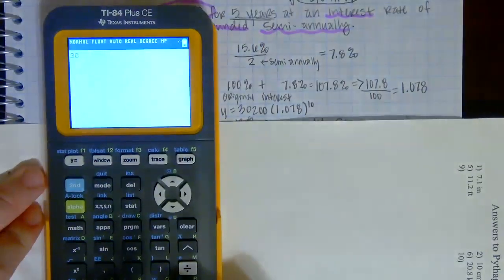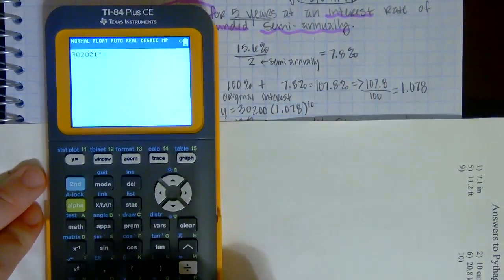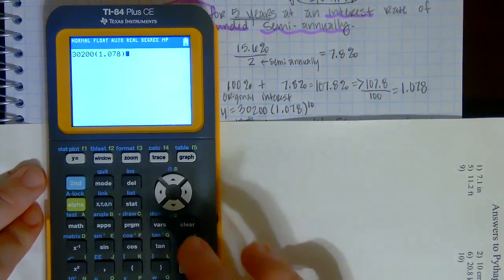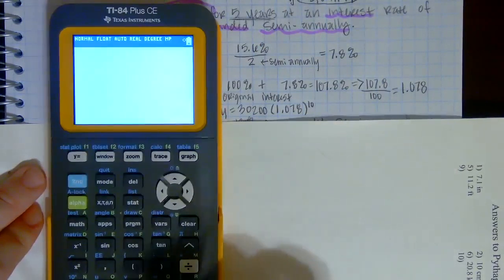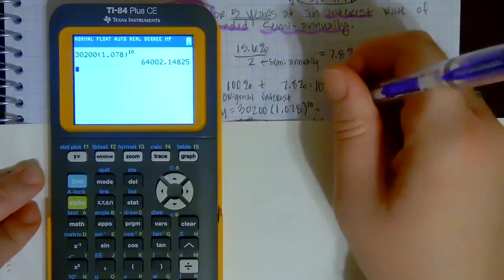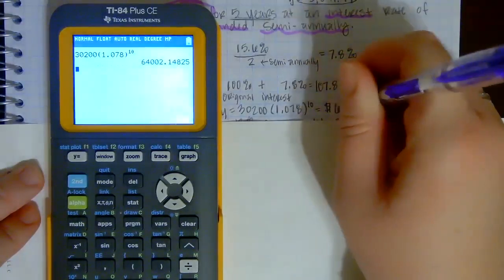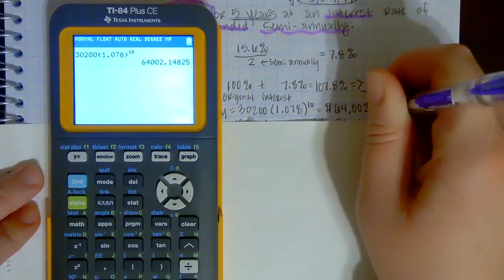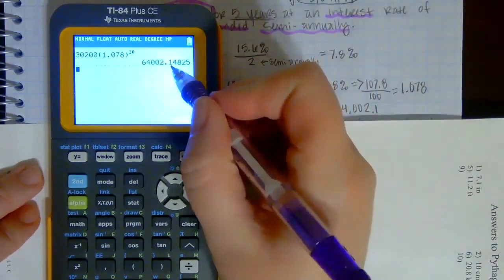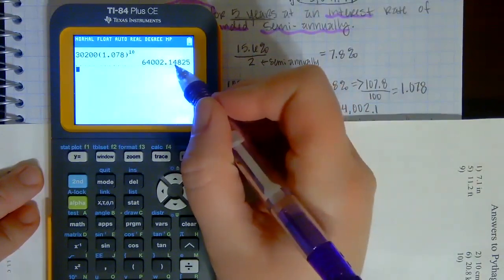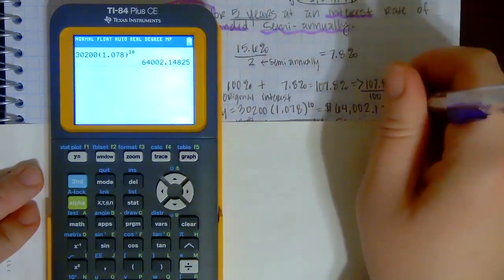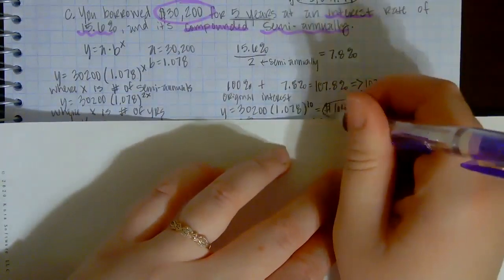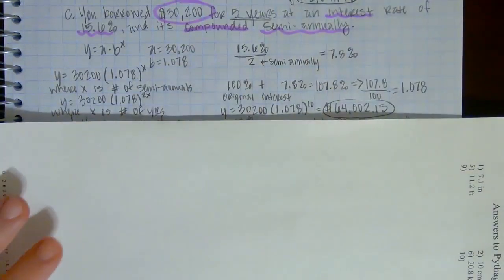So 30,200 times 1.078 to the 10th power, and I get 64,002 and 2 decimal places because it's money. The 8 here is going to make the 4 round up to a 5. 15 cents. There's my final answer.